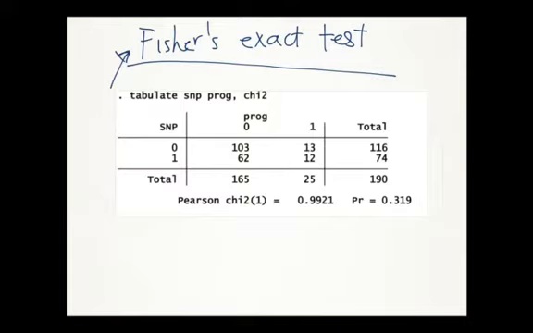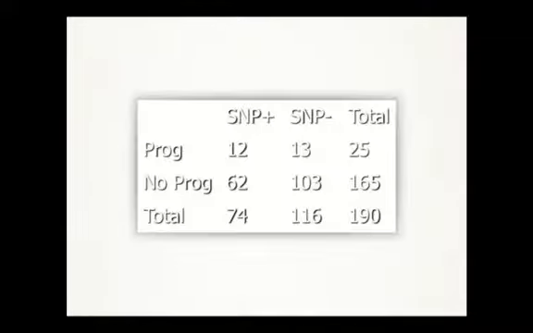So let me clear this. So if I think about tables that are more extreme than our observed table, what would they look like?